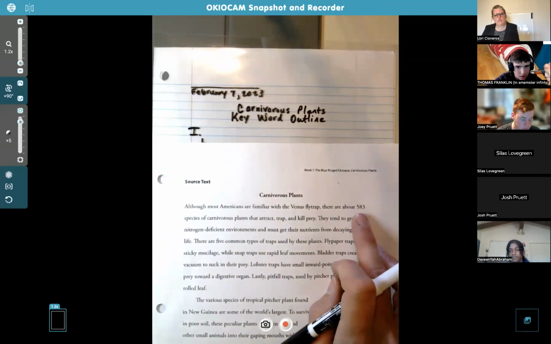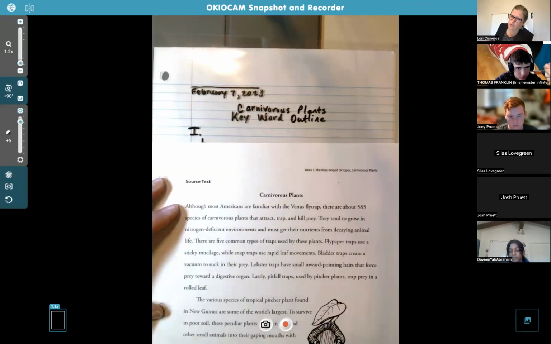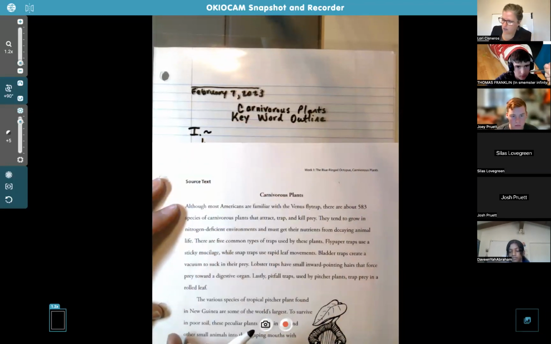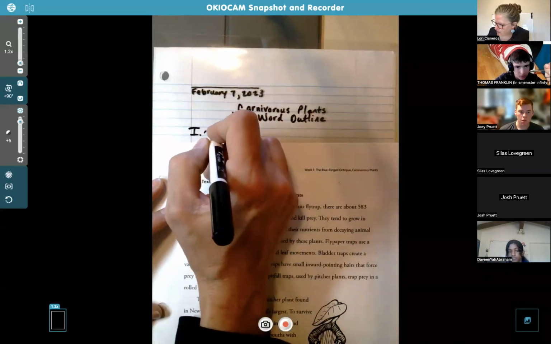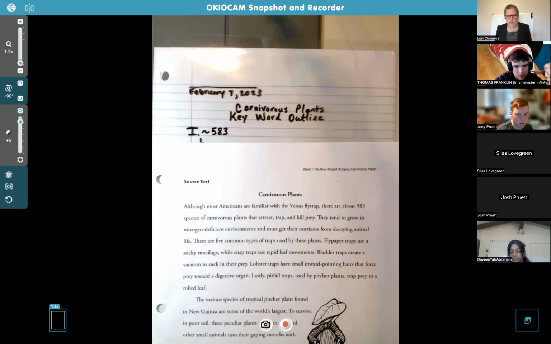So I know the number 583 is going to be important, and I'm going to use the symbol. Remember the symbol in math for about, it's like a little squiggly line like that. 583. And guess what? So far I have a symbol and a number. I don't have to count that as a word. So I still have more I can add to this.